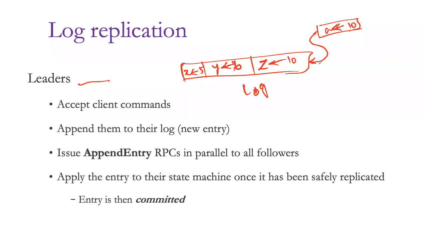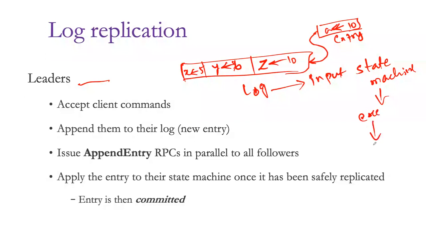As soon as it is added to the existing log, the new entry will be broadcast to the other servers also. Once every server appends this entry to its log replication, the new log is given as input to the replicated state machine. That state machine will execute the log entry, and once it is executed, it is treated as the committed log at that term point.